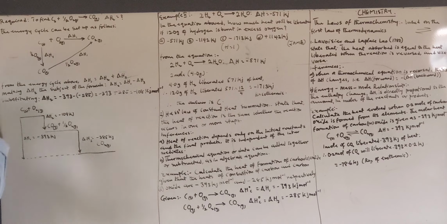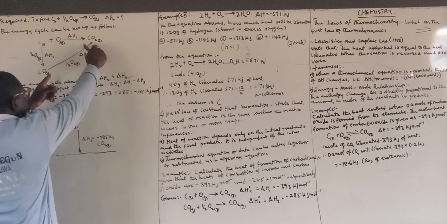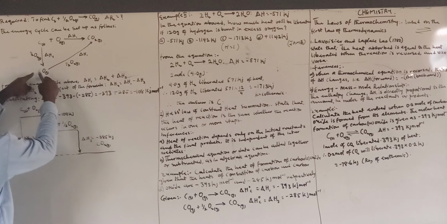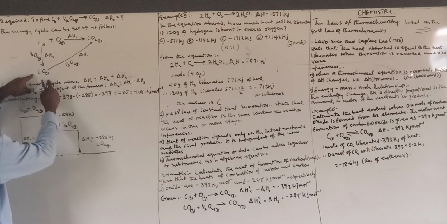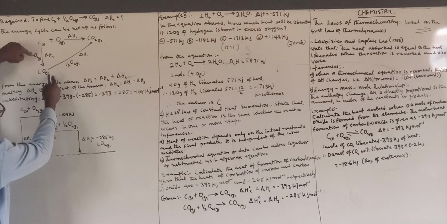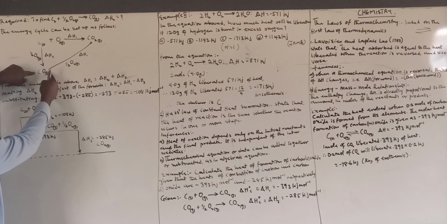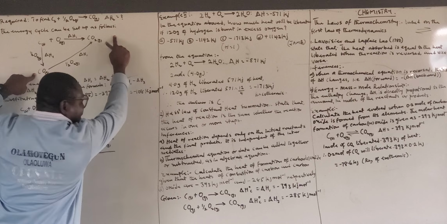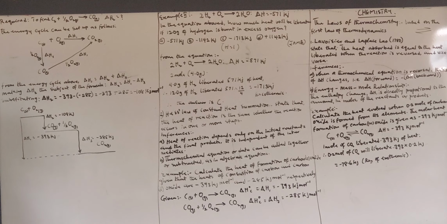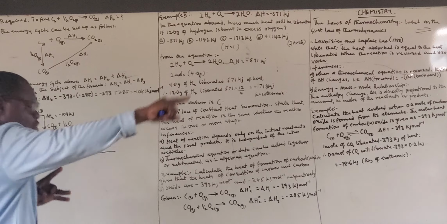Now, if it sublimes, it can easily be reversed. That's why you see this arrow. It goes and comes back, that is sublimation.